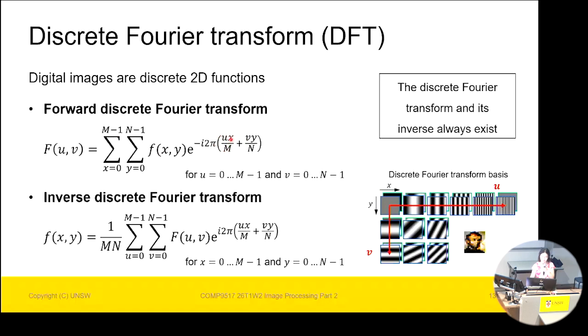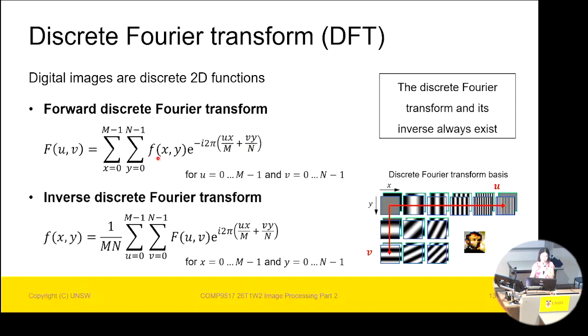So if you consider this term, the frequency now becomes 2 pi u divided by m. That's for the x direction, and then 2 pi v divided by n. That's the frequency for the y direction.